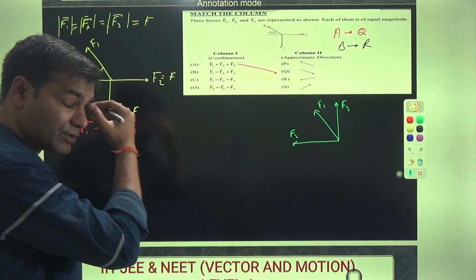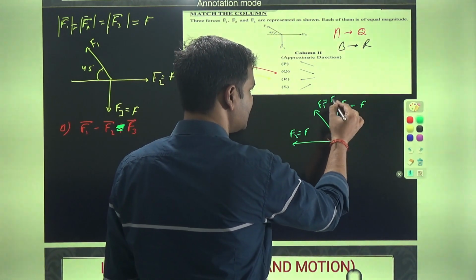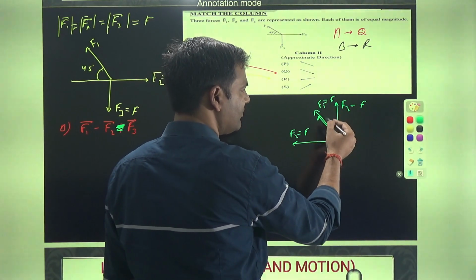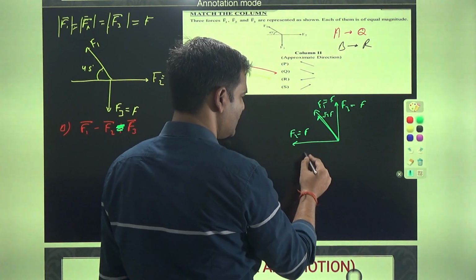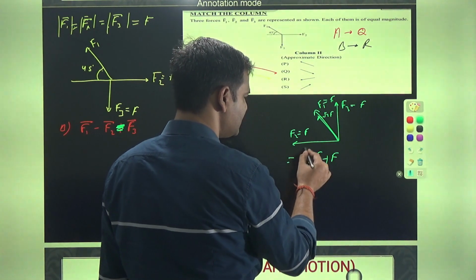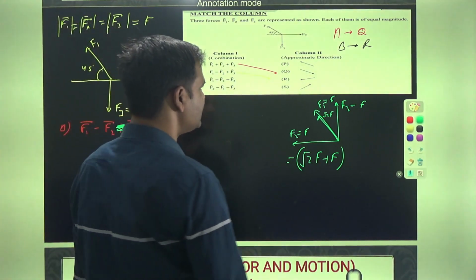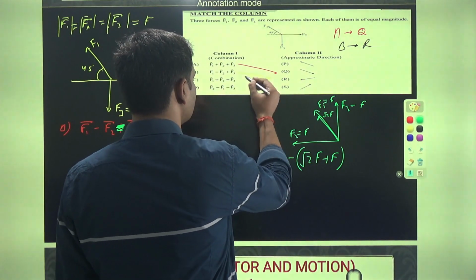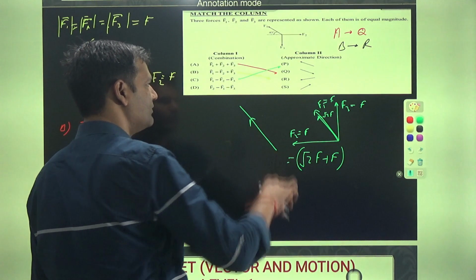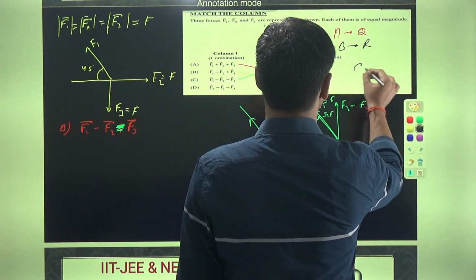This is F, that is also F, and that is also F. So the resultant of these two going here is F plus root 2 F, so you can say root 2 F plus F. That is the resultant. Basically, we have focused on direction, so the direction is C to P. The resultant is that one. So you can say C to P.